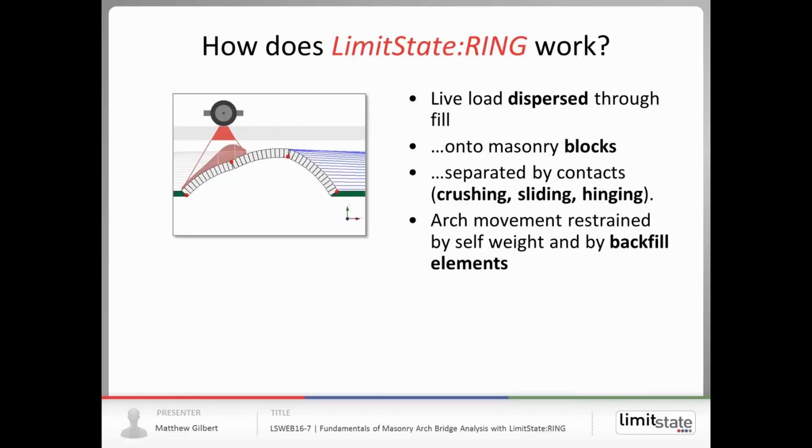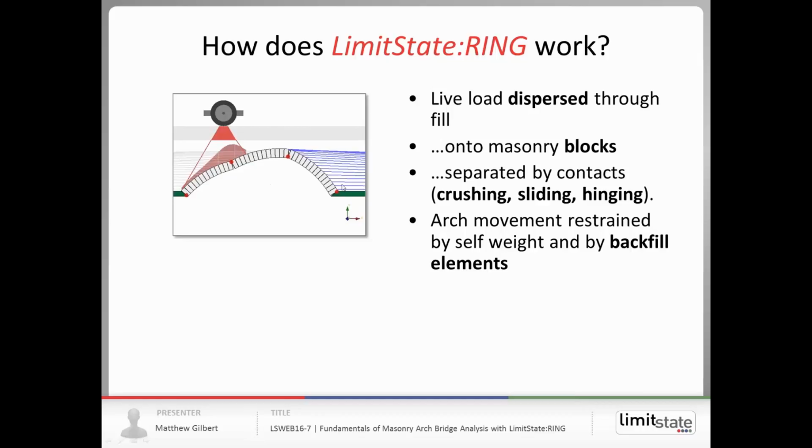Arch movement is restrained by self-weight and also by passive restraint, which in this software is modeled via what we've called backfill elements. So when these backfill elements are mobilized, they show as blue. When they're not mobilized, they show as gray.